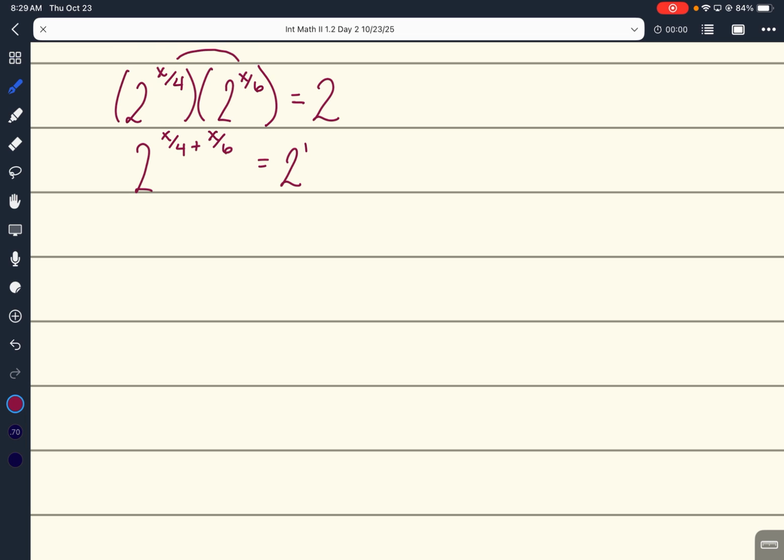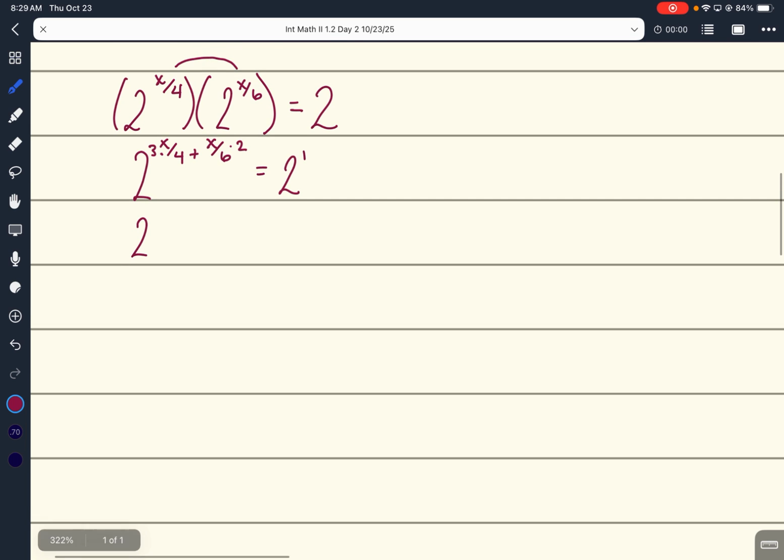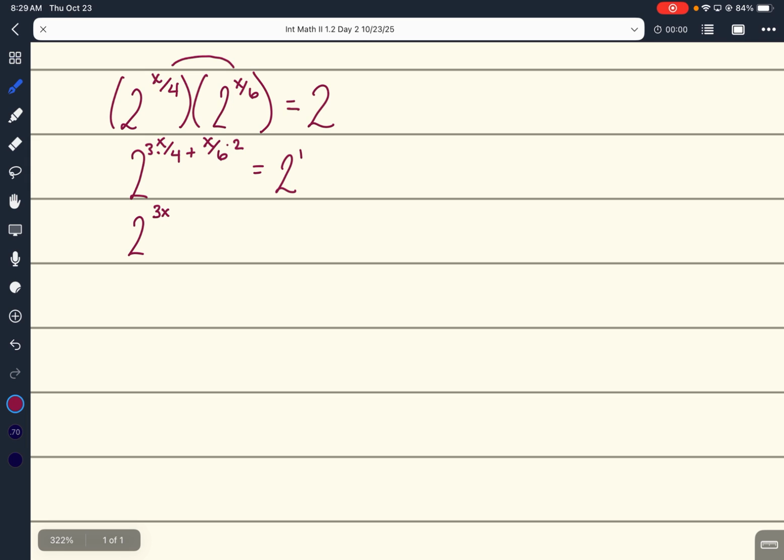Okay, so what's our common denominator with 4 and 6? 24. 24 works, but there's a 12. Wouldn't 12 be easier? So what do I need to multiply the 4 by? 3. And what do I need to multiply the 6 by? 2. So it'd be 3x over 12 plus 2x over 12.